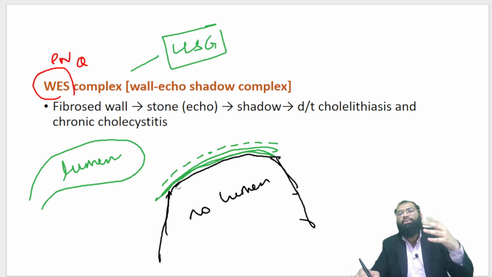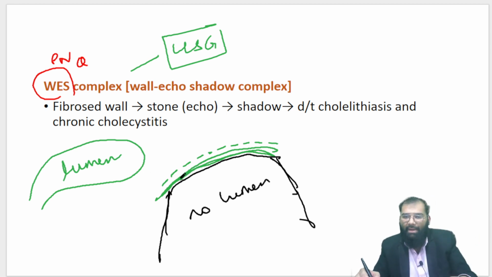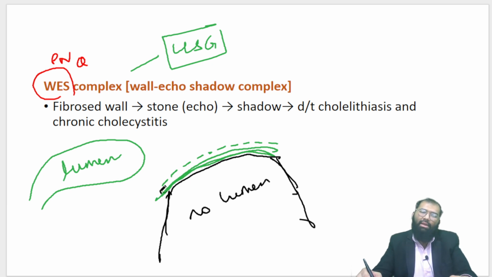So you are not able to see the wall and the lumen separately, and you are feeling as if the entire thing is calcified. And this is called wall echo shadow complex. It's a very important sign of chronic calculus cholecystitis. Very important question.